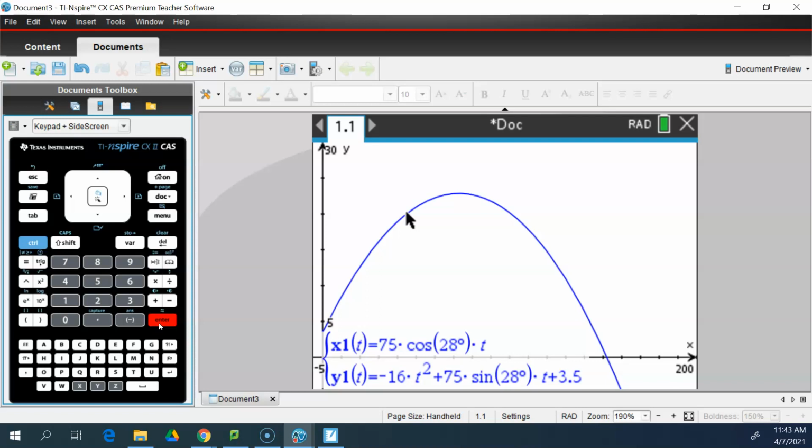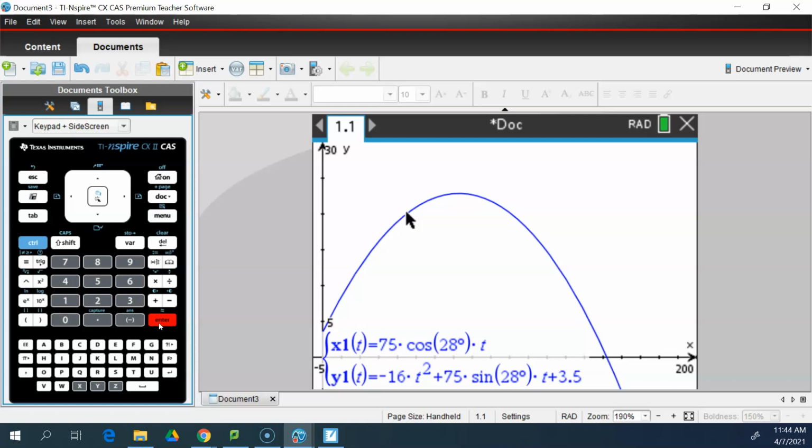Let me guess. Your graph goes backwards. Yeah. On Desmos, you're in radians automatically. So you need to go over to the wrench in Desmos and switch it to degrees.